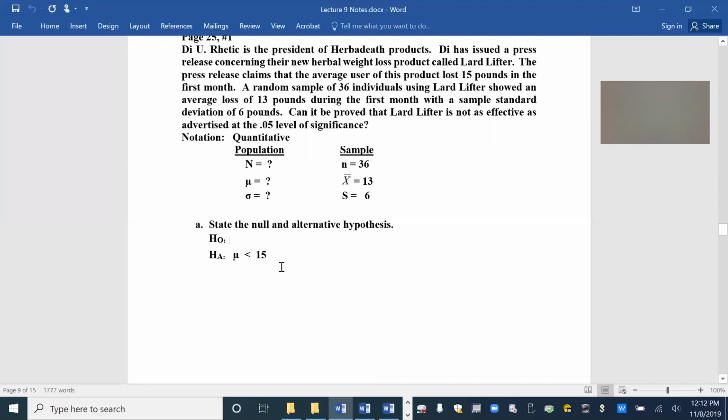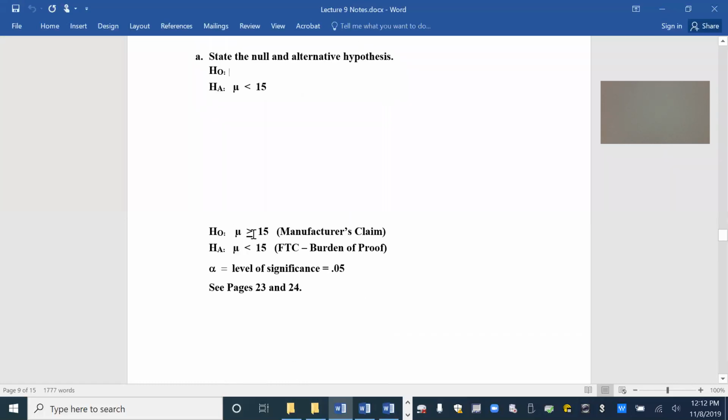Then you do what's called the null hypothesis, the HO. I wish they just called it plaintiff and defendant. But they did. But that's what they are, plaintiff and defendant. So HO, what's the defendant's claim? Oh, the defendant's claiming it's at 15, or it's at least 15. It's 15 or more. Whatever is the opposite of this is your null hypothesis.